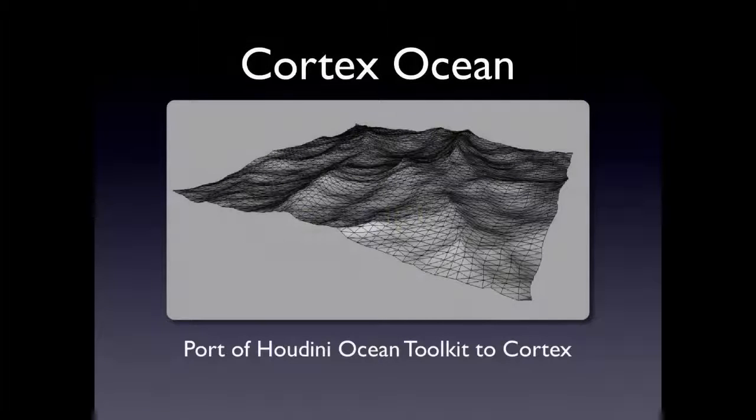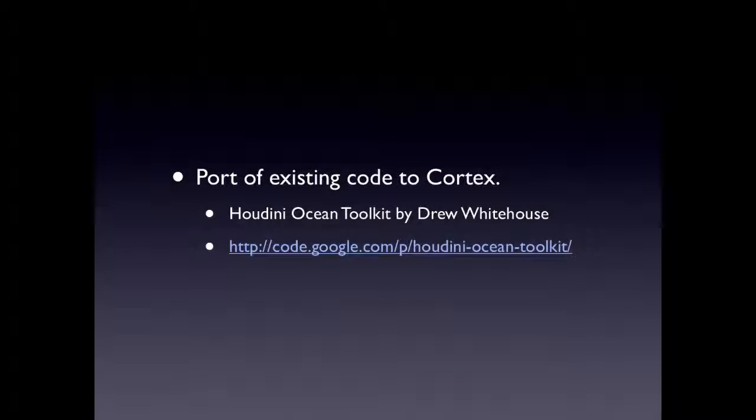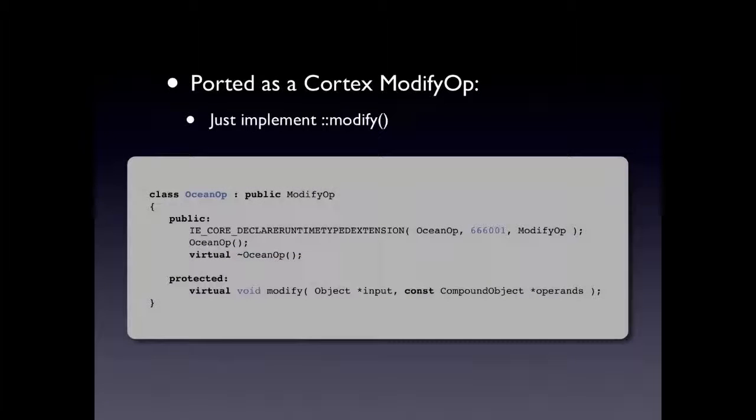And here, an example: Cortex Ocean. It's a port of the Houdini Ocean toolkit by Drew Whitehouse to Cortex, implemented as a Cortex modifier op. Modifier op is derived off of a generalized op, and it modifies geometry.